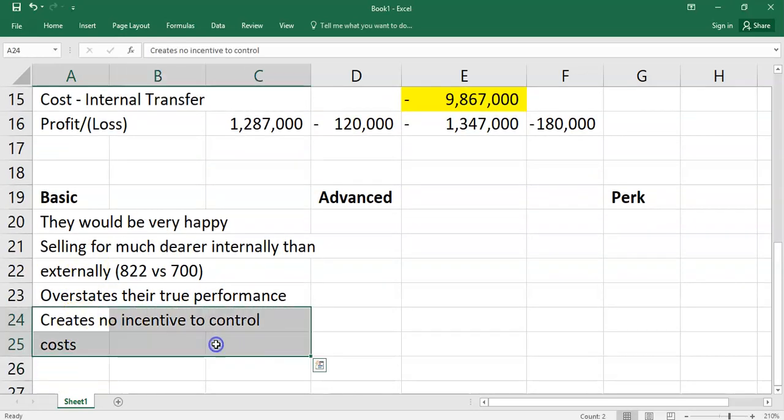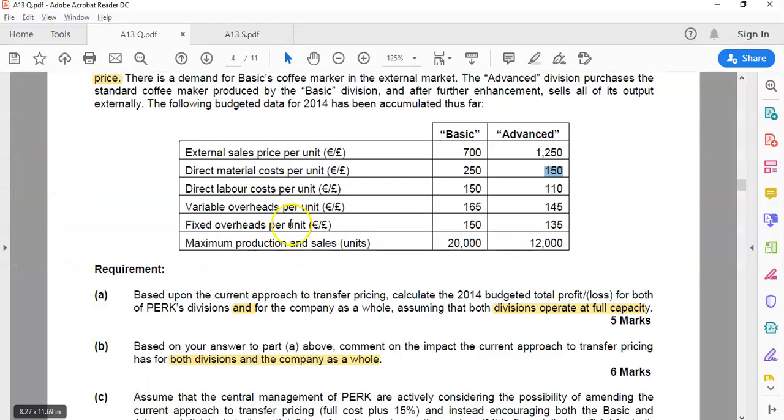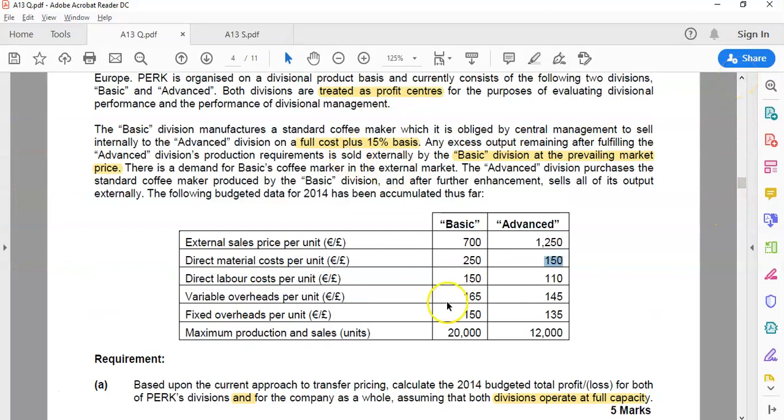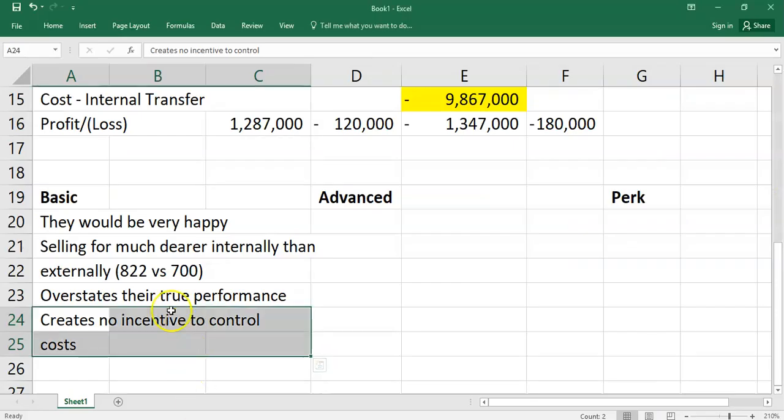Why does this transfer price not create any incentive to control costs? Because look at it, it's based on full cost plus 15%. So for the seller Basic, it doesn't matter what their cost is. Whatever is their cost, they're going to get that back because it's based on full cost and they're going to get an extra bit. So that suggests they have no incentive to control costs because whatever the cost of the product is, they can pass it on to Advanced. So they have no incentive there.